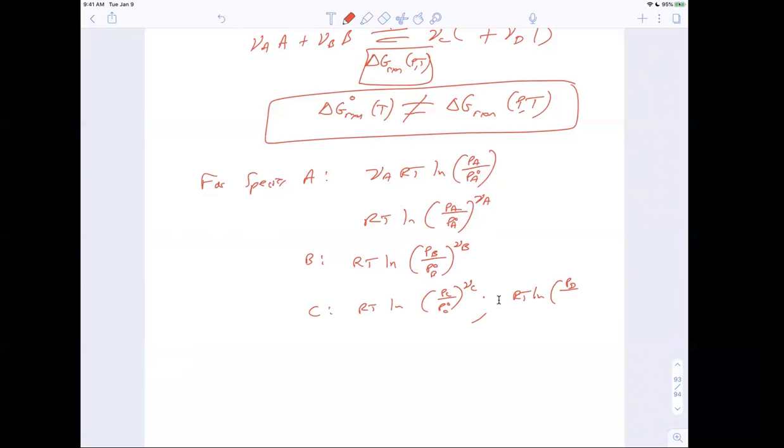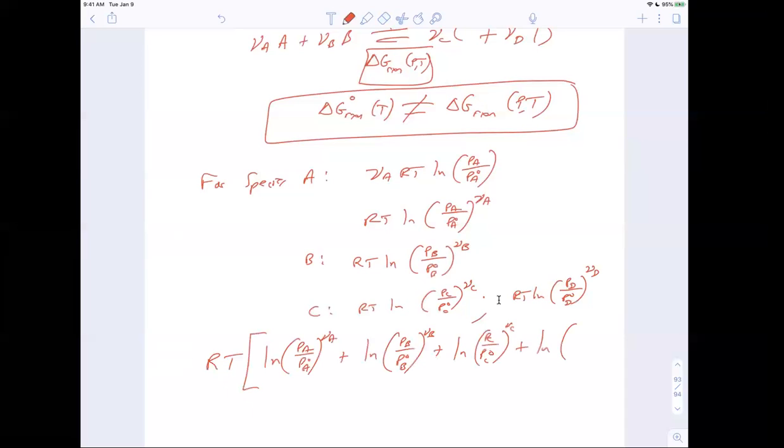So we'll have four terms, and there are going to be RT log of something raised to the stoichiometric coefficient of whatever that is. And so all I'm going to do is take out the RT factor. And then what I'll have is RT times natural log of PA over PA superscript 0 to the nu A, plus natural log of PB over PB superscript 0 to the nu B, plus natural log of PC over PC superscript 0 to the nu C, plus natural log of PD.